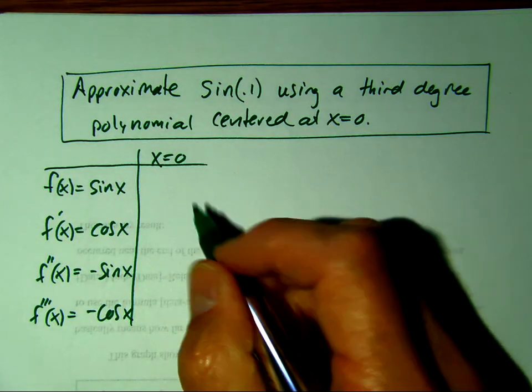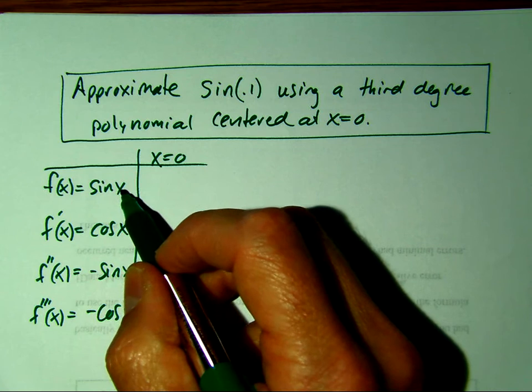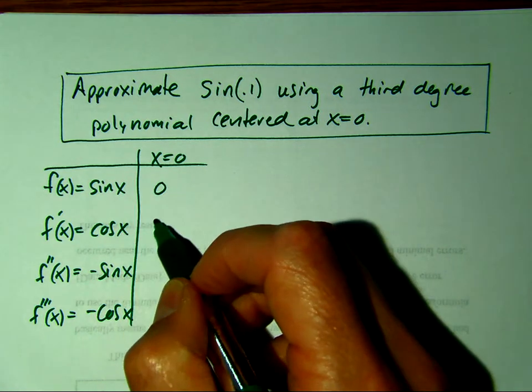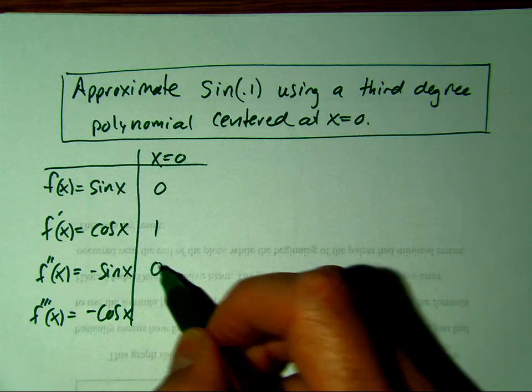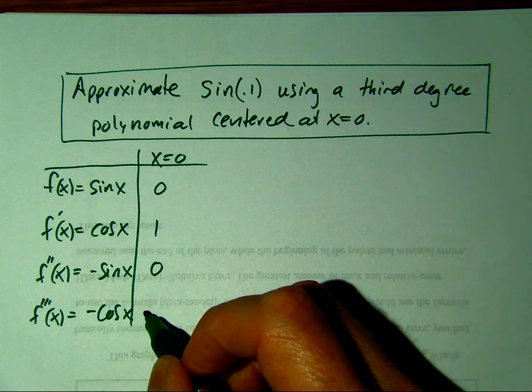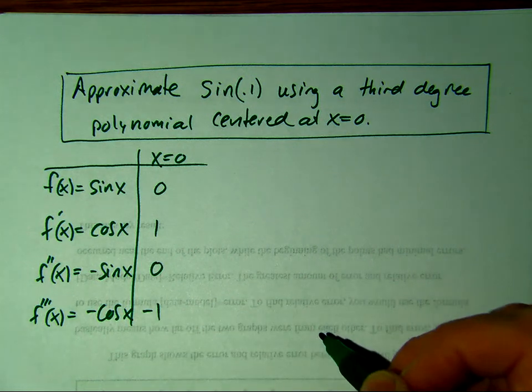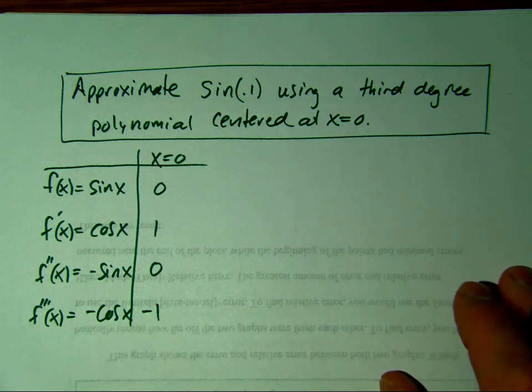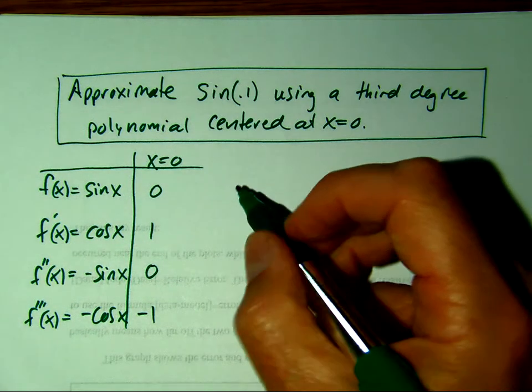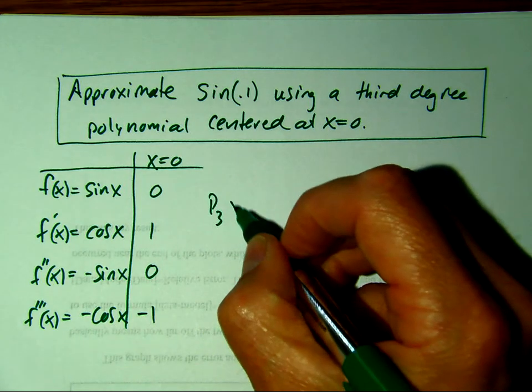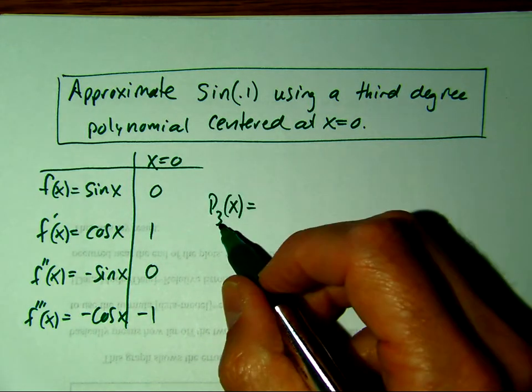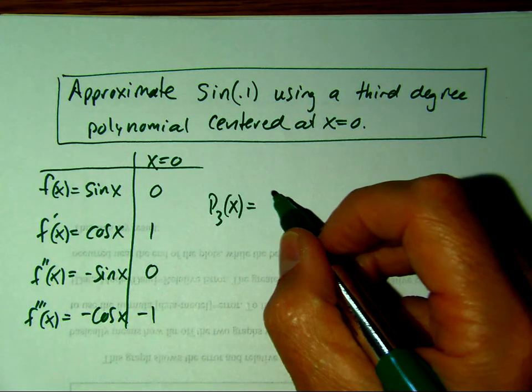So we have sine of 0 is 0, cosine of 0, sine of 0, cosine of 0. And the third degree polynomial has this formula.